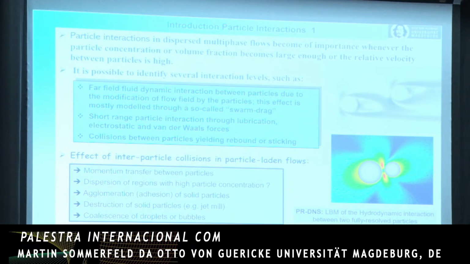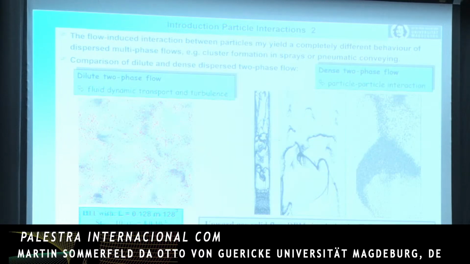In process engineering, these collisions are also used to grind the particles by interparticle collisions. The particles are breaking and destroyed. And at the end, I mentioned the problem of coalescence and droplet or bubble collisions. This is again a similar picture I showed Monday.